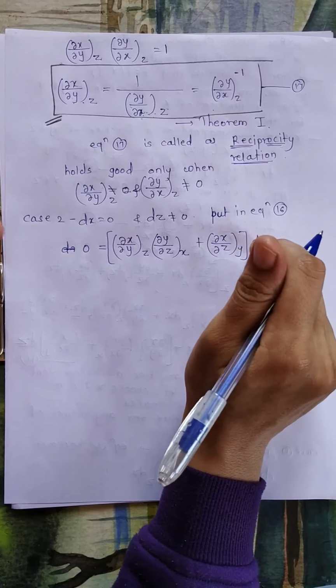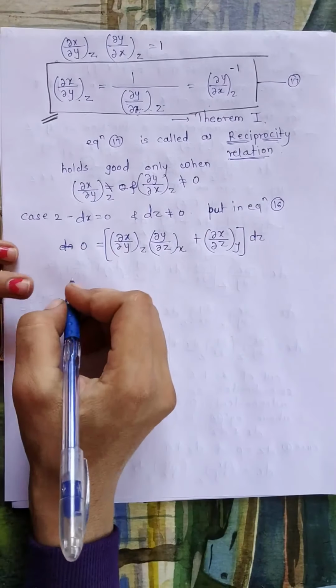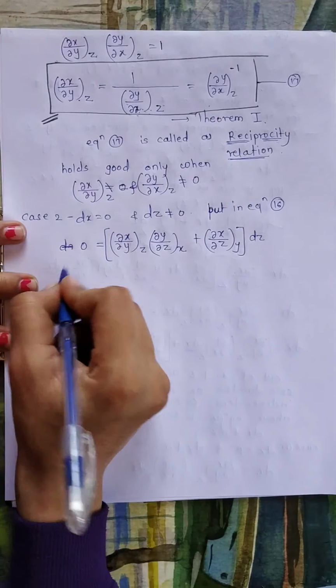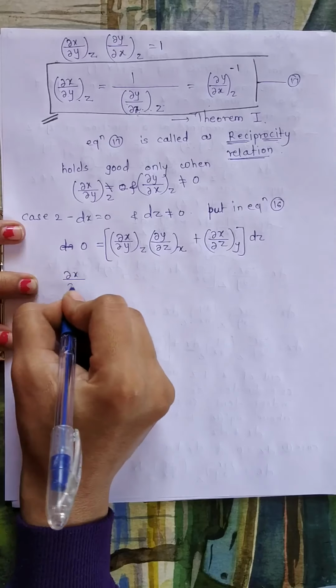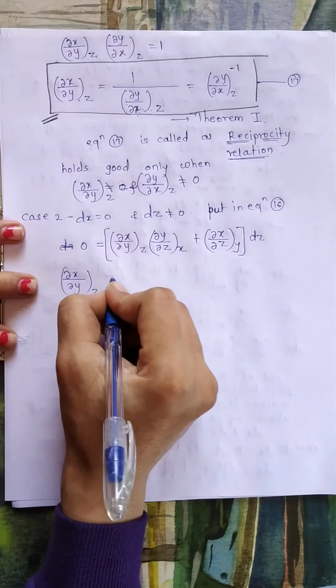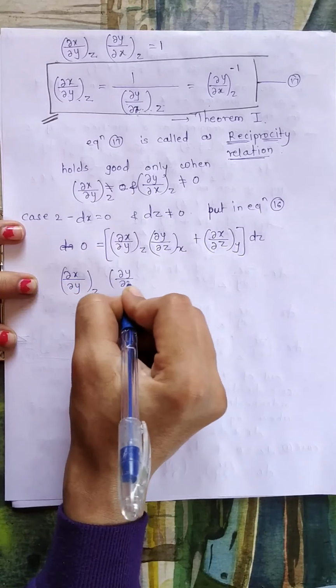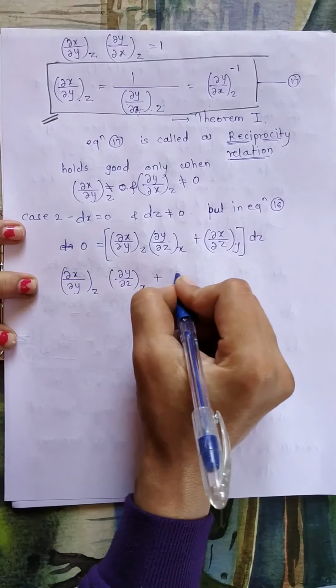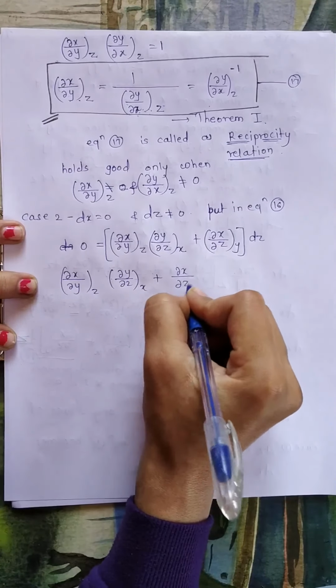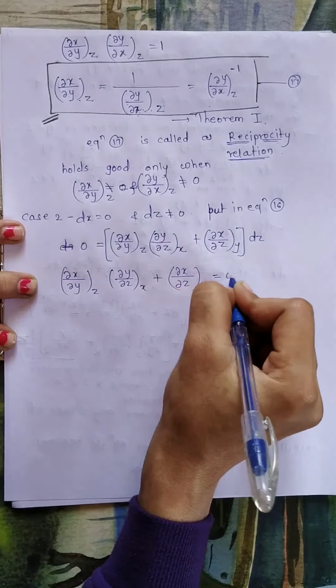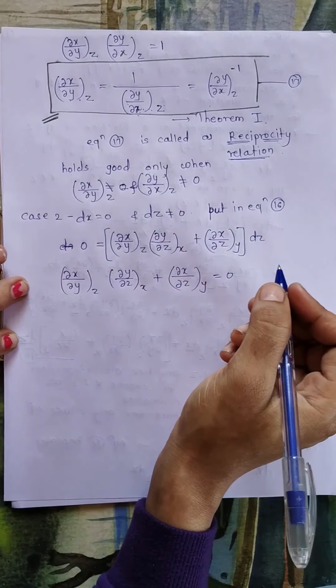Now if we take this dz on LHS, it will become 0, and we will get dou x upon dou y at constant z into dou y upon dou z at constant x, plus dou x upon dou z at constant y equals to 0.